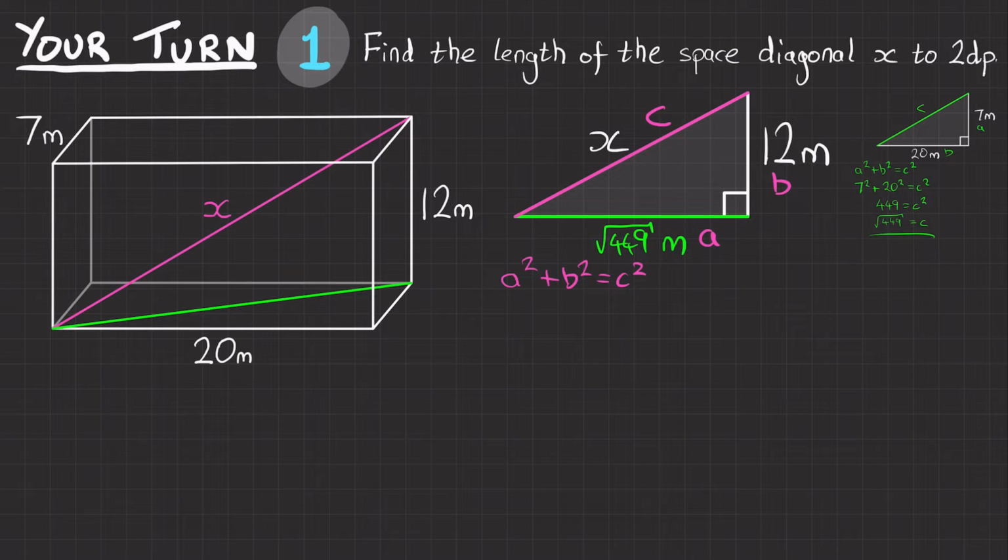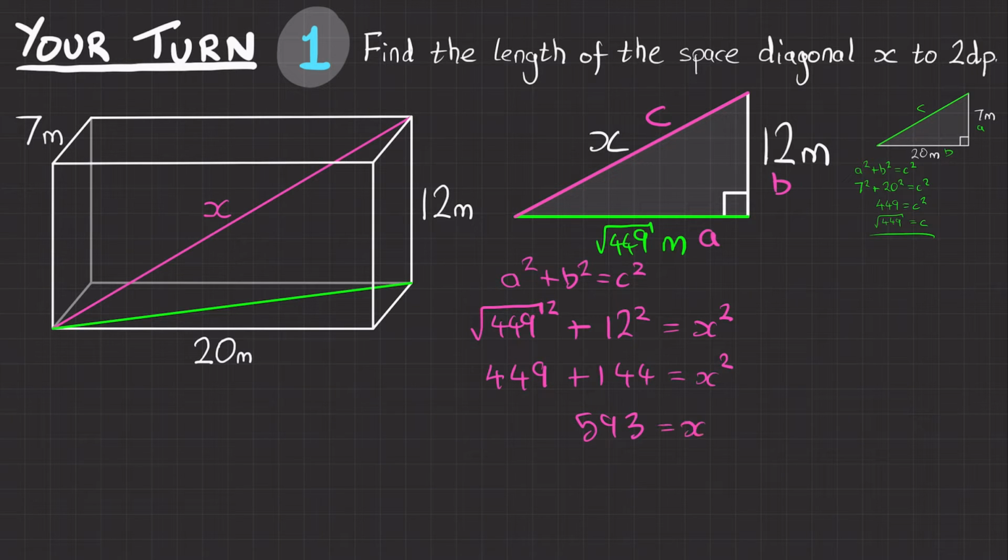Substituting the values, so we've got root 449 squared plus 12 squared equals x squared. Working this out so far, we've got 449 plus 144 equals x squared. 593 equals x squared.